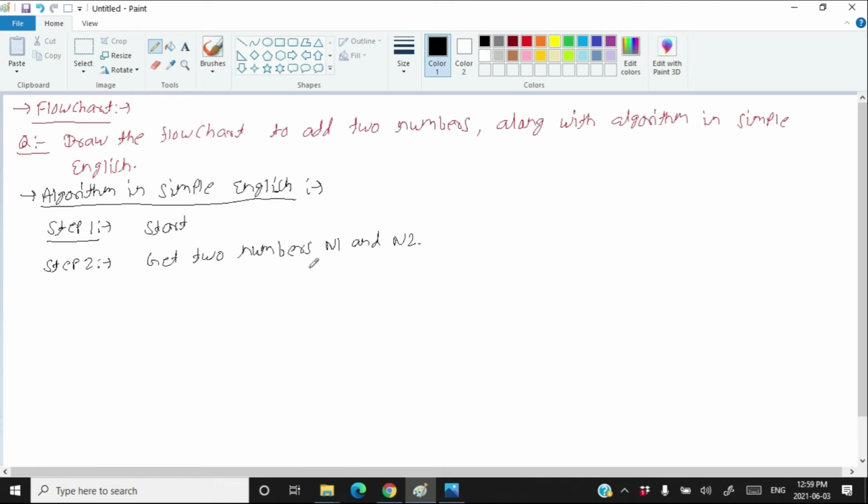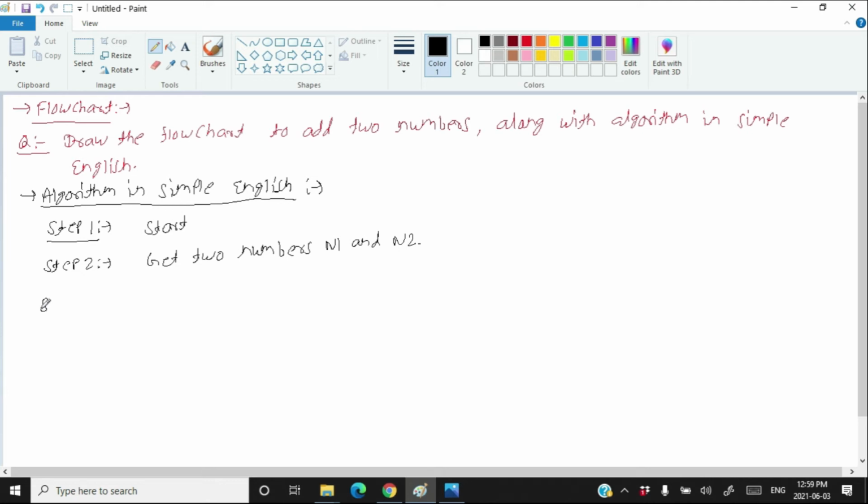You are not assigning the values of n1 and n2 beforehand. You are telling the user who is using this algorithm to take numbers of their choice. That's why you have written get two numbers n1 and n2. So one number will be assigned to the variable n1 and the other number given by the user of the algorithm will be assigned to the variable n2.